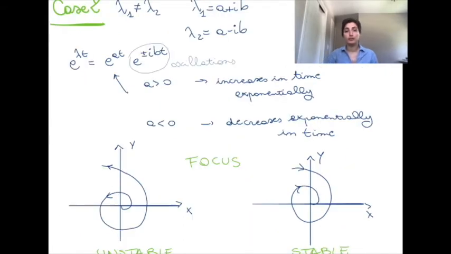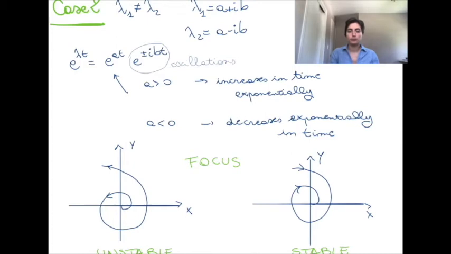What is the other case? Well, lambda 1 and lambda 2 are different. They are complex, but with a non-zero real part. So if you're looking at the exponential of lambda t, with lambda being complex, then you will have an exponential of the real part times the exponential of the imaginary part.